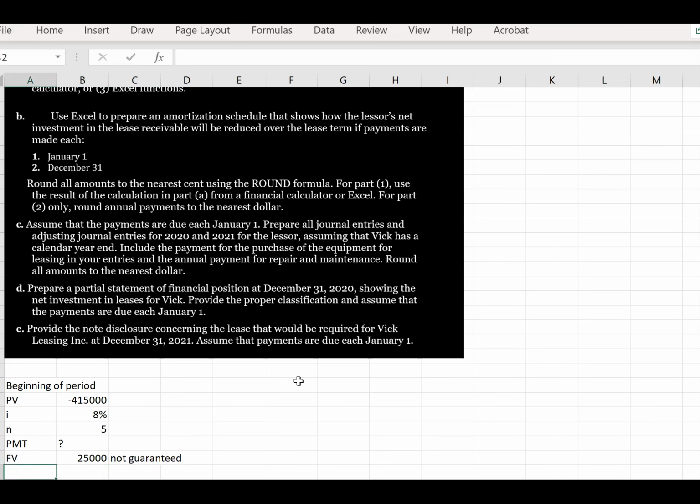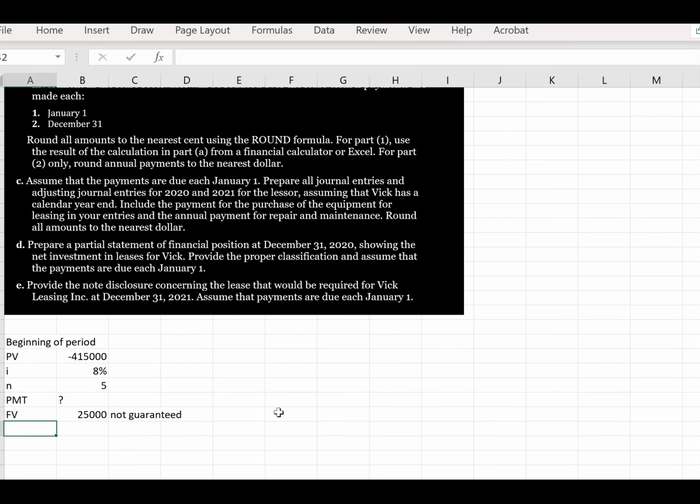We're still going to include it in our calculation because at the end of the term of the lease, we, as a lessor, are still going to have equipment that we think is worth $25,000. So of course, we're going to have begin mode on for the beginning of the period. And our payments here are going to calculate out to be $92,794.46.